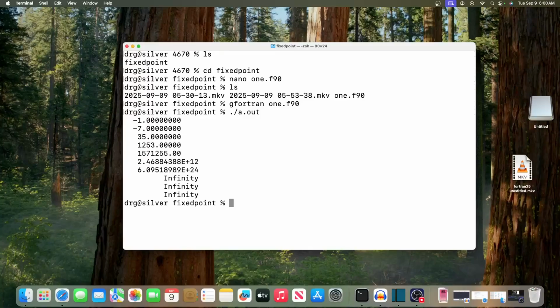To look at my second example, I'm going to be as lazy as humanly possible. I'm going to make a copy of 1.f90 called 2.f90. Then I'll edit 2.f90.